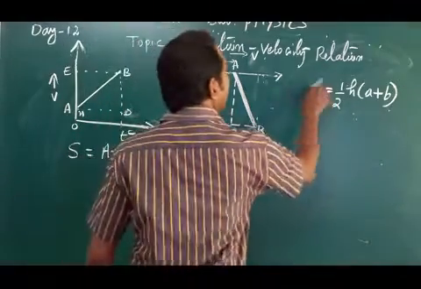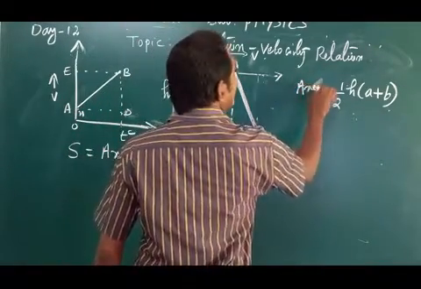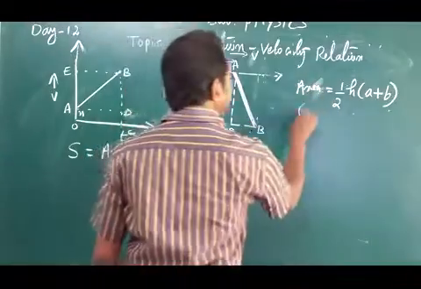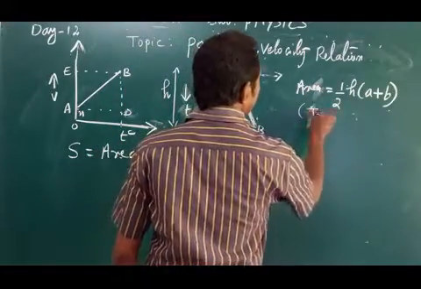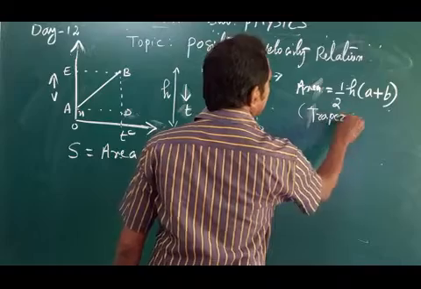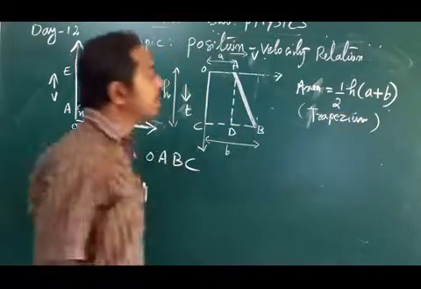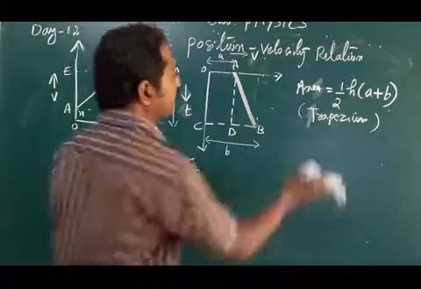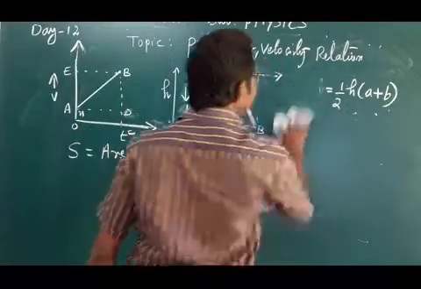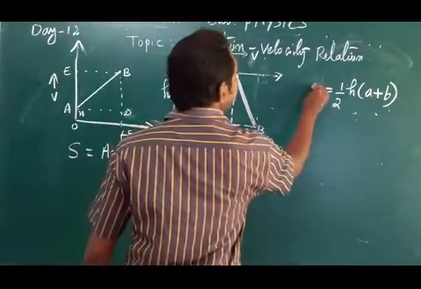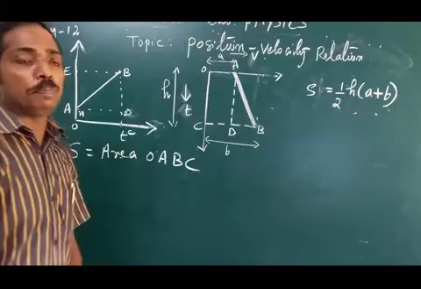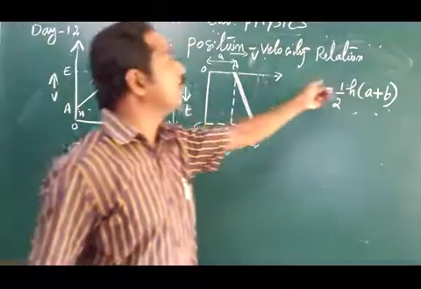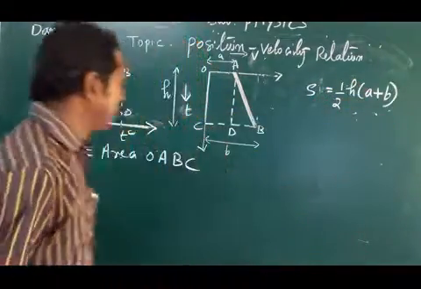Area equals half h into a plus b, because it is a trapezium. So the trapezium area is half h into a plus b. Here area means distance traveled only. So we can write S equals half h into a plus b.